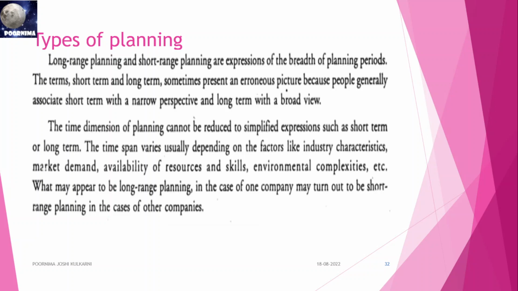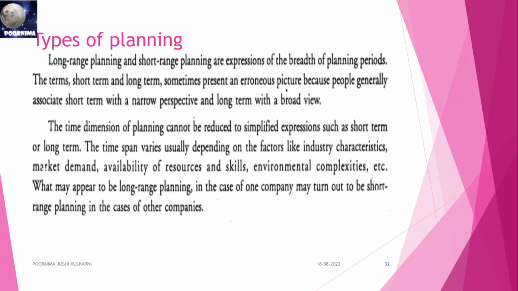The time dimension of planning cannot be reduced to simplified expressions such as short term and long term. The time span varies depending on factors like industry characteristics, market demand, and availability of resources. During COVID-19, even in one industry, people were ready to work and human resources were available, but there was a scarcity of raw materials because of the supplies from their suppliers.